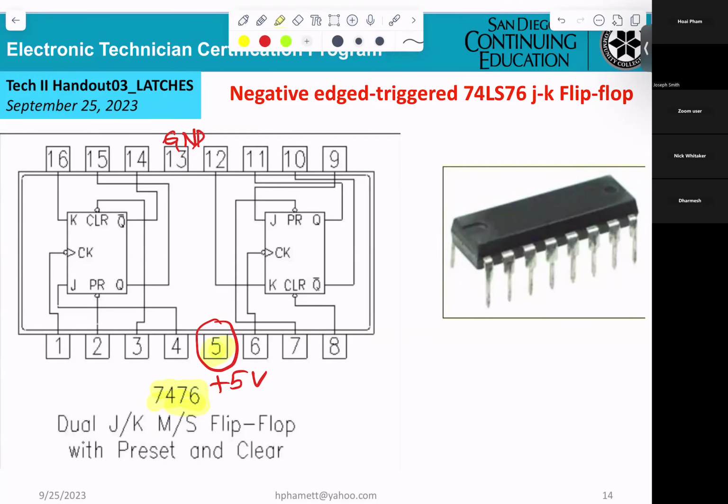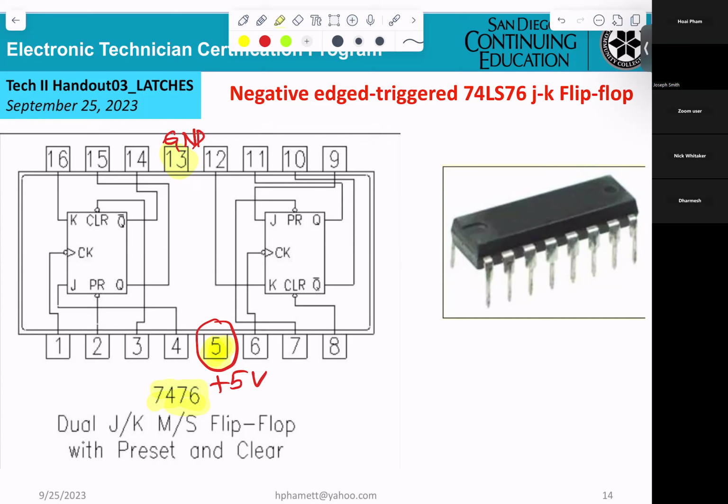Here, 5 volt, and the ground will be pin 13. That's different from a normal IC. And they're also telling you what pin 1, pin 2, 3, 4, and 14, 15, 16 are. Is it a J or K or clock?